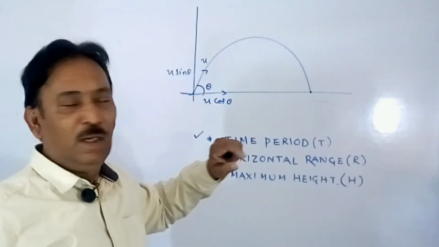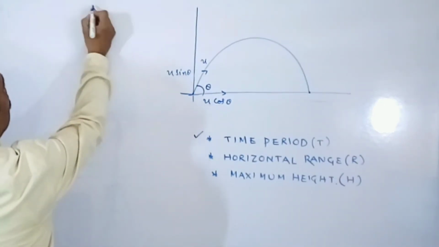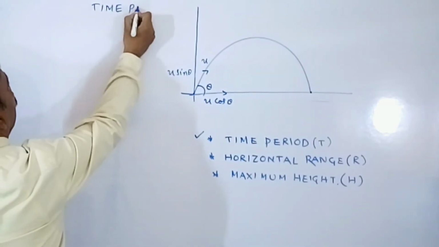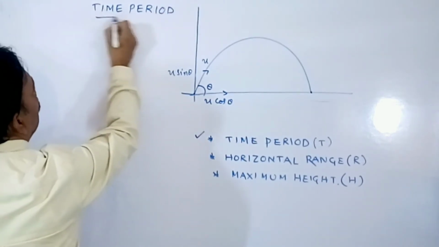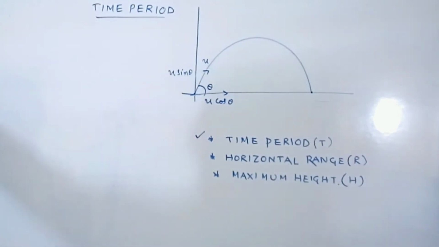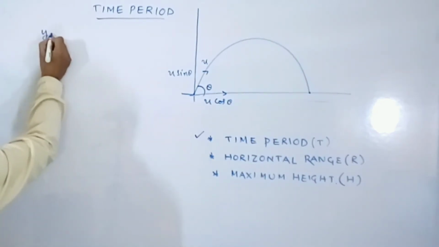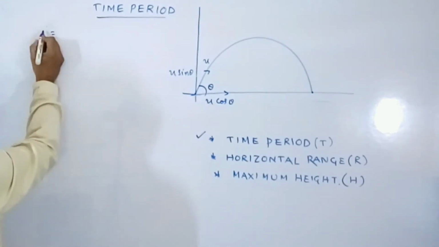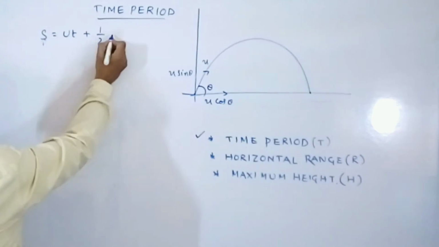For vertical displacement, we have the equation, isn't it? We are targeting the time period, which is the time for which the projectile remains in air. For vertical displacement, we have a relation: S is equal to ut plus half at square.